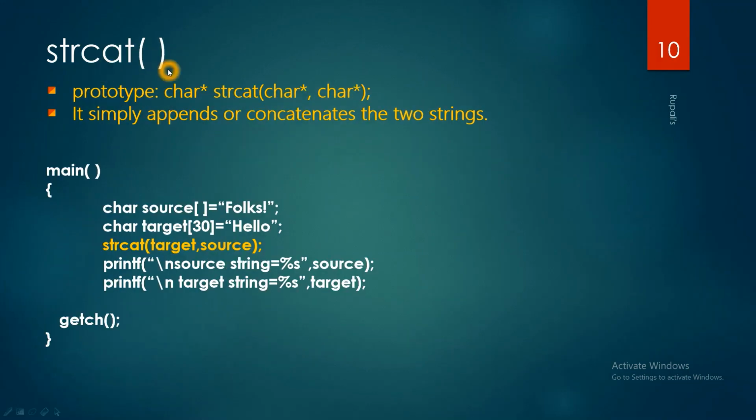Now strcat, string concatenation. The prototype is char *strcat(char *, char *). It takes the base addresses of two strings and returns another string's base address. It simply appends or concatenates the two strings. Here the source string is fox and the target string is hello. You have to write strcat with the target string first, then the source string. After concatenation the value will be stored in the target string.